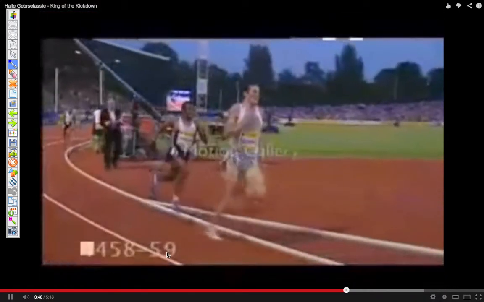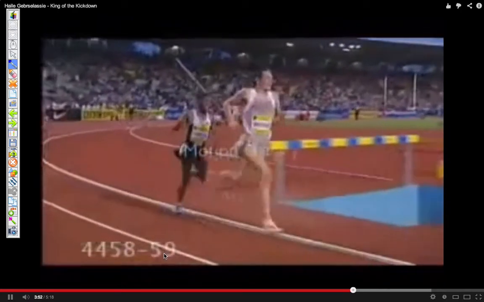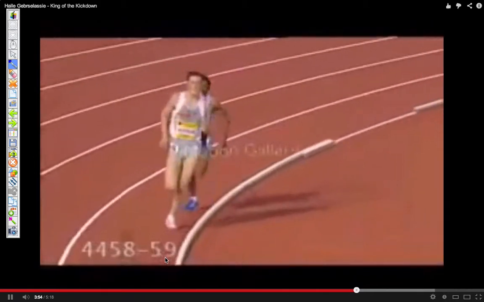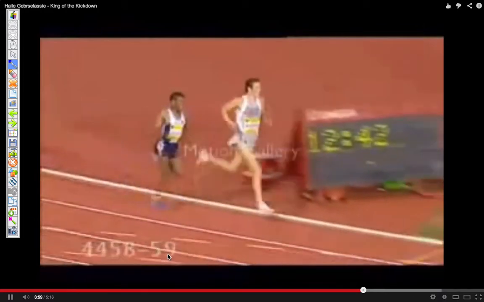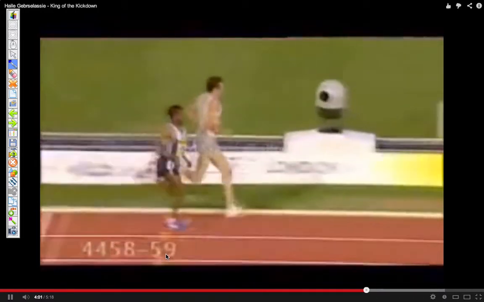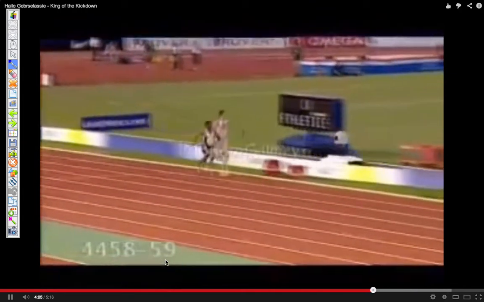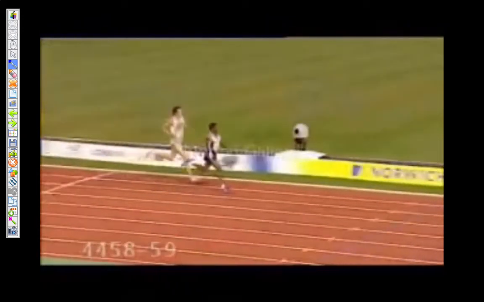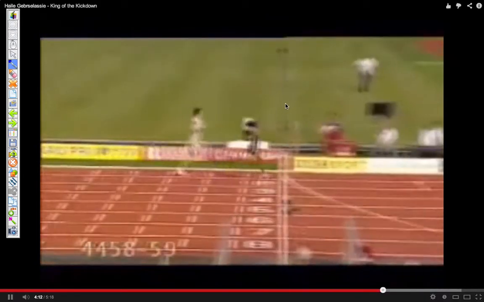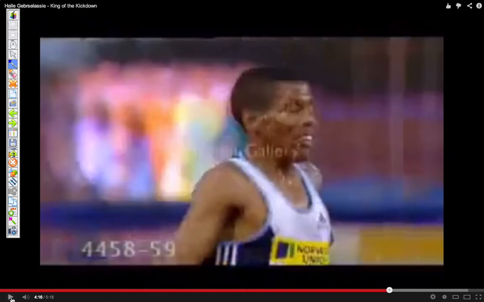And here's the last lap of another race. Okay, well, if that doesn't get you excited, I don't know what does.